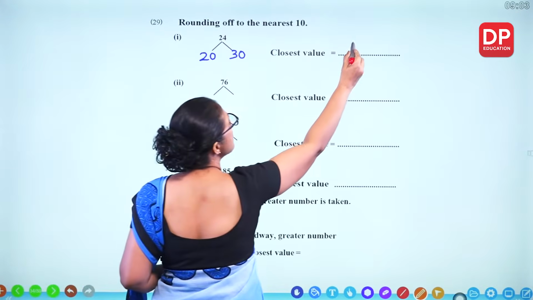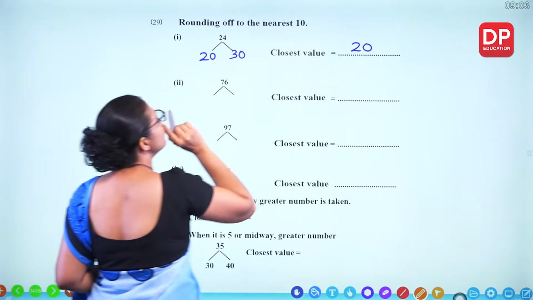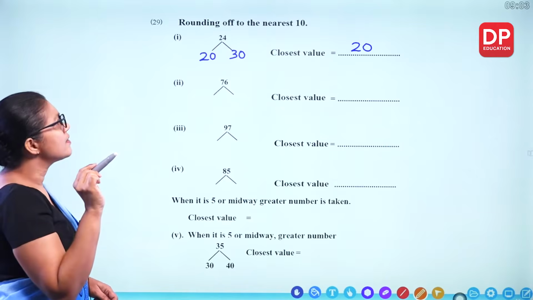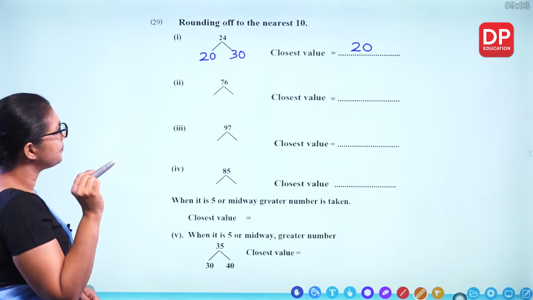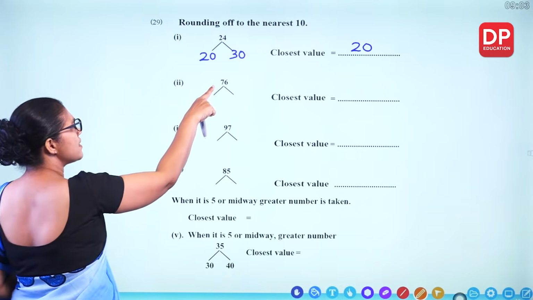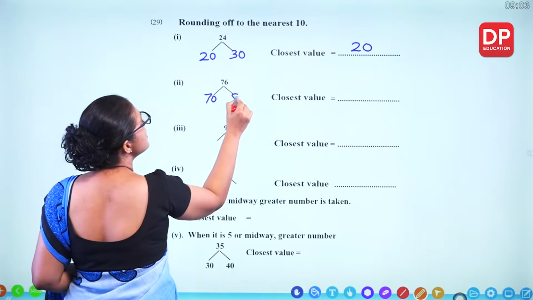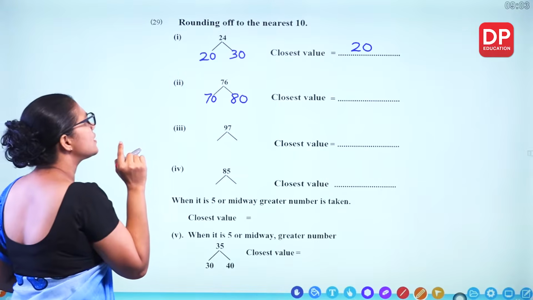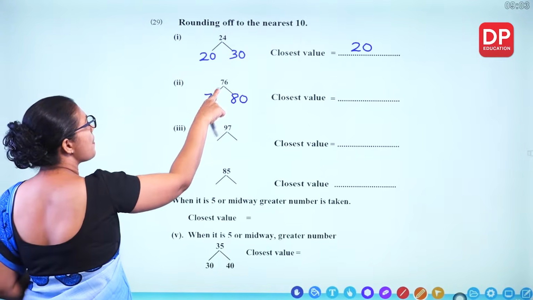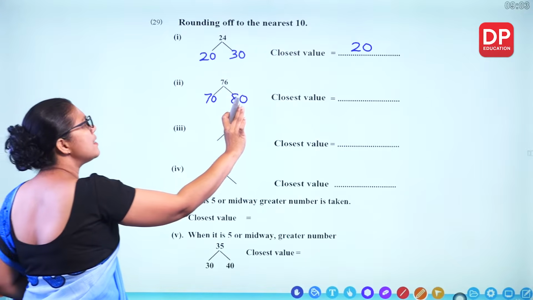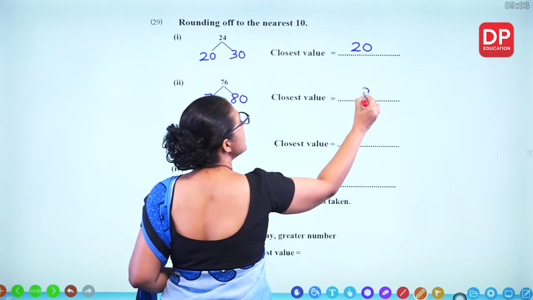So 20 is the closest value to the nearest 10. If you take 76, what are the two numbers? This is in between 70 and 80. What's the closest value to 76? Middle is 75, so this is more than the middle number. So this is towards 80.